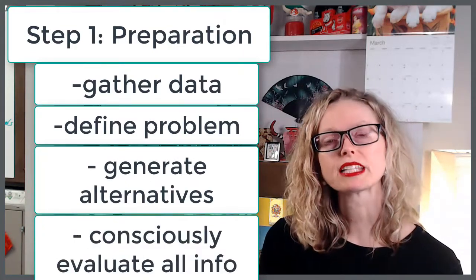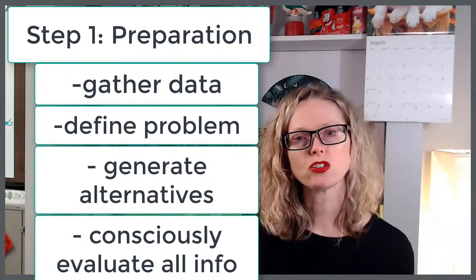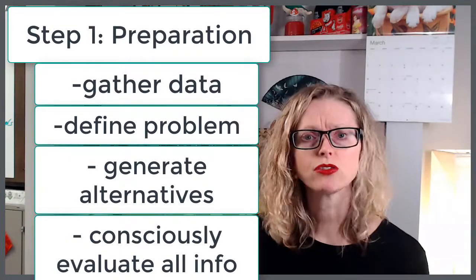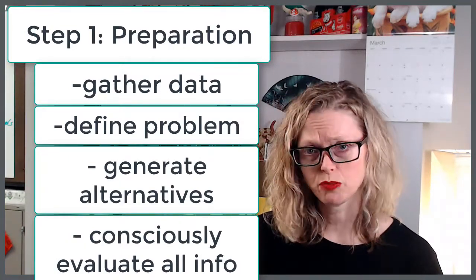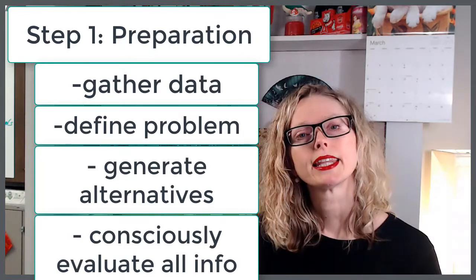So you want to be actively thinking about the information that you've gathered, the definition that you've come up with, and any alternatives that you might have generated. This is where things diverge from the analytical problem-solving process. In the analytical problem-solving process, the next step would be to evaluate the criteria for your solution, and then go through, evaluate each of those, and select your alternative.